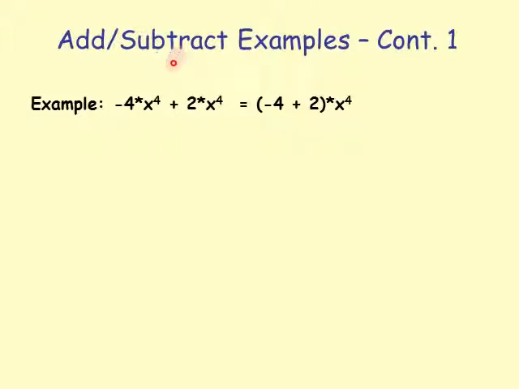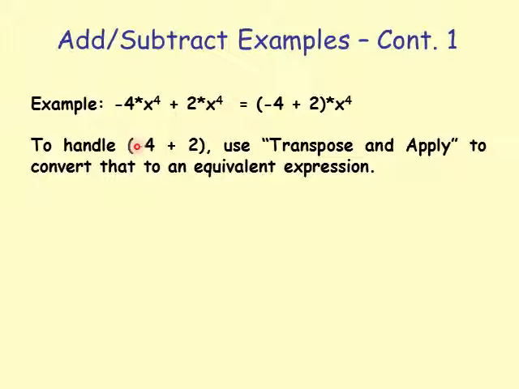So we can do this. This is the situation right now. We have minus 4 plus 2 as the coefficient times x to the 4th power. How do you handle that?